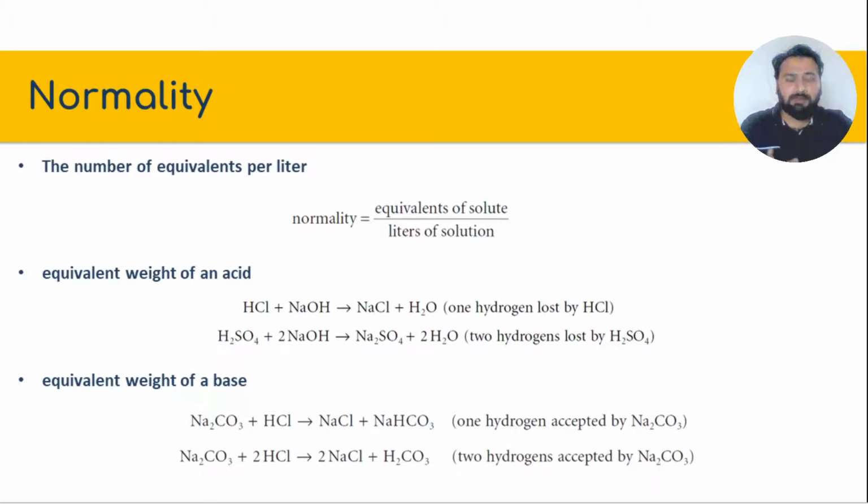So the equivalent weight of a base in an acid-base neutralization reaction is defined as the formula weight divided by the number of hydrogens accepted. For the acid, there is a number of hydrogens lost; here it is the number of hydrogens accepted per formula of the base in the reaction.